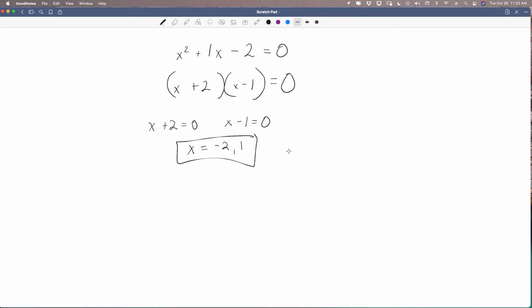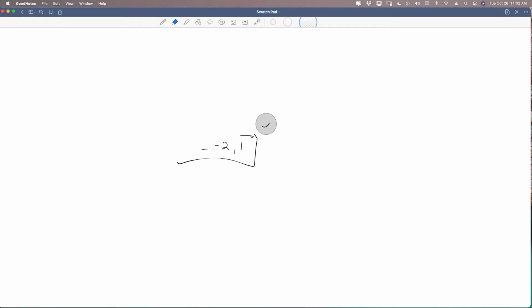What if we can't do that? What if we can't factor the quadratic equation? What if it looks something like this? Let's say this is our problem: x squared plus 4x minus 2 equals 0. We can't factor that. We can try.